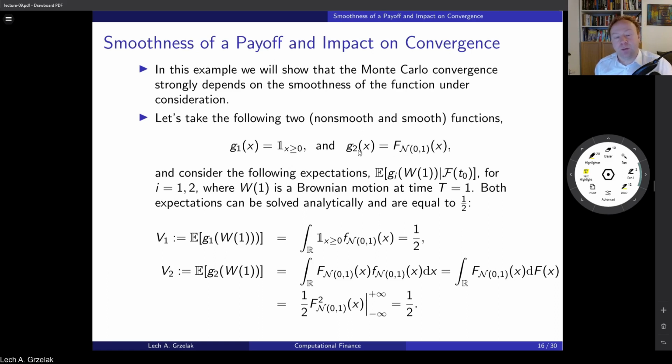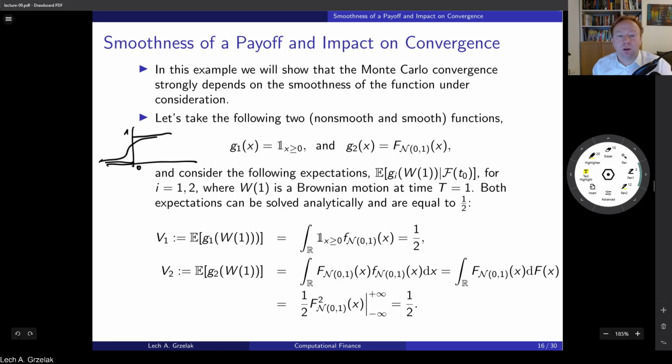For the function g2, I have chosen a normal CDF. So the first function is 0 here and 1 there, and the second function is a CDF, so essentially a smooth curve like this.